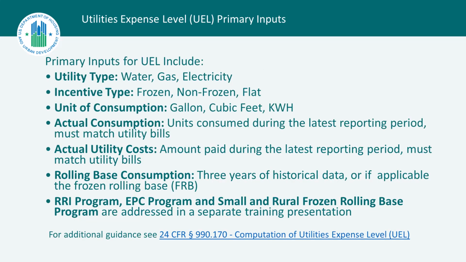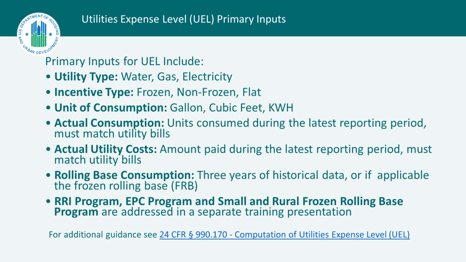The primary inputs for UEL include utility type: water, gas, electricity; incentive type: frozen, non-frozen, flat; unit of consumption: gallon, cubic feet, kilowatt hours; actual consumption: units consumed during the latest reporting period, must match utility bills; actual utility costs: amount paid during the latest reporting period, must match utility bills; and rolling base consumption: 3 years of historical data, or if applicable, the frozen rolling base, or FRB.